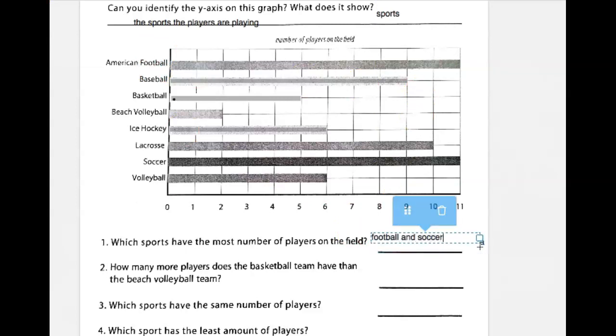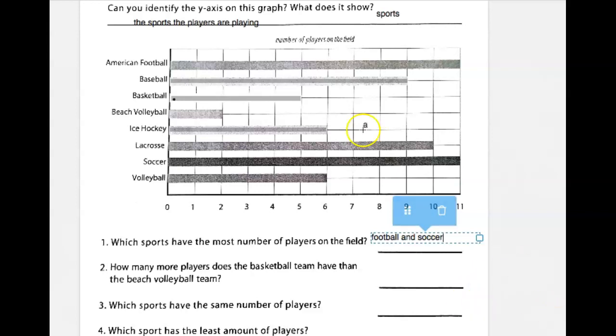This is a place where you could trace the words, which I usually do. Remember, I do dots for it, or you could just use a highlighter and fully write football and soccer, and then you could easily trace over it, okay?